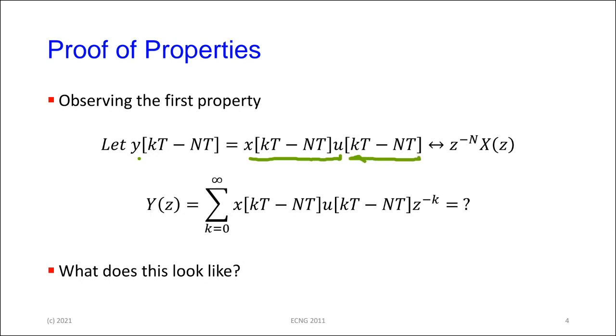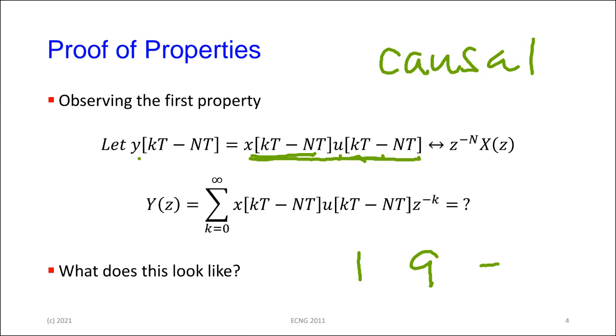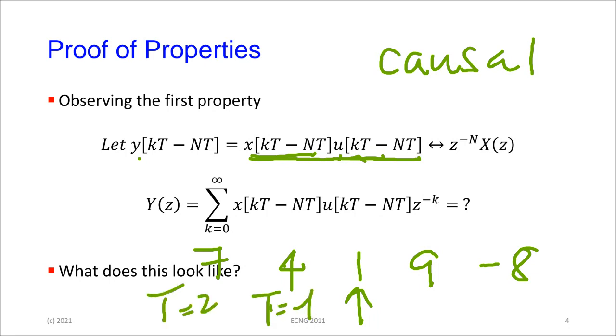When you multiply a signal by a unit step, of course, you're making it causal. That's the first thing. And then this is now a delayed unit step. So first the unit step made x(kT) causal. So if x(kT) had, apart from our values of 1, 9 and minus 8, and this was t equal to 0, let's say we had a 4 and a 7 at t equal to minus 1 and t equal to minus 2, we had some other values.